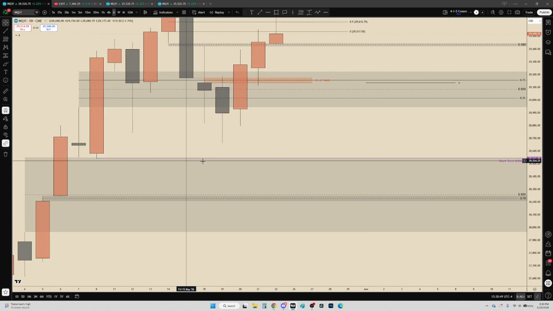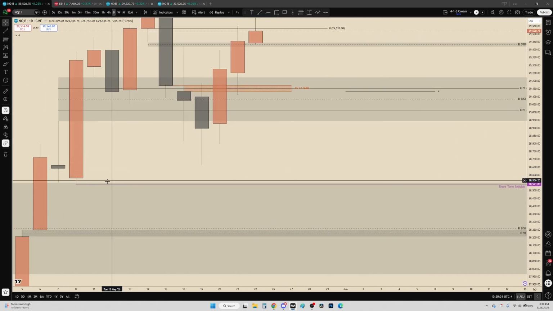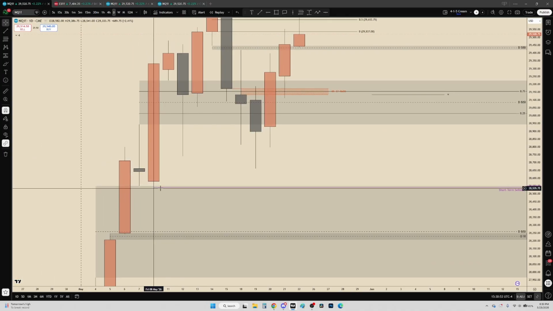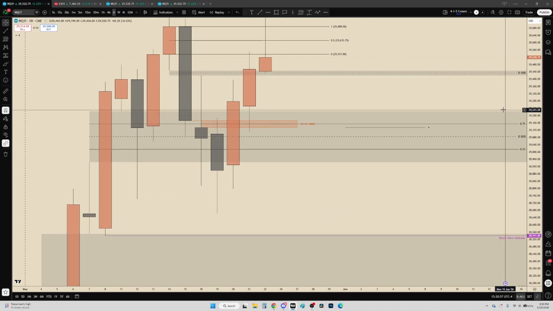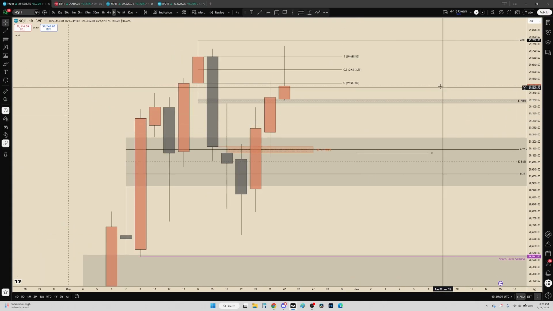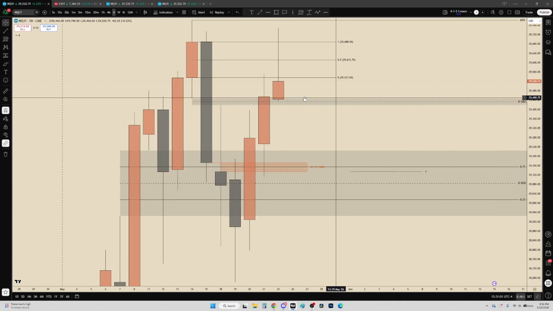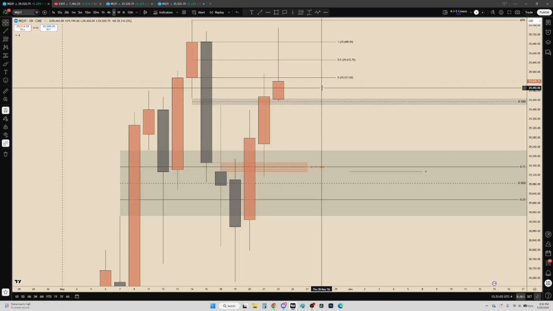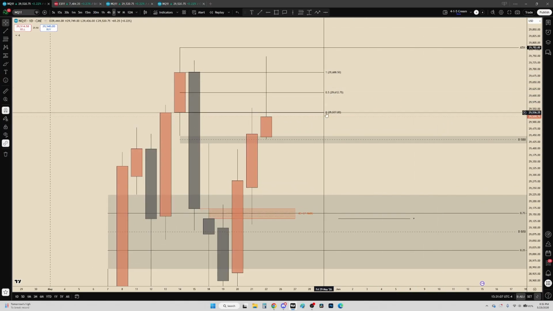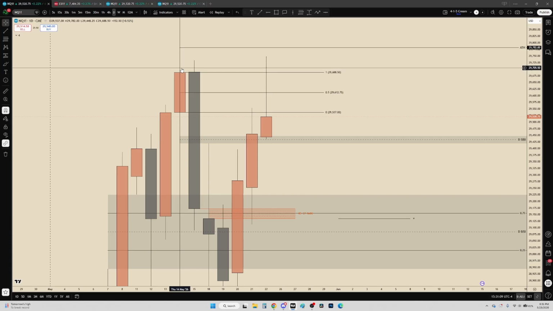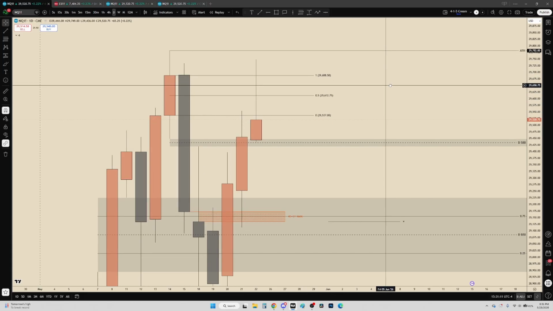I have short-term sell-side, which I marked because I was honestly anticipating this sell-side to get taken earlier this week, but we ended up going higher. And then I also have a daily SIBI right here, just a little tiny one.